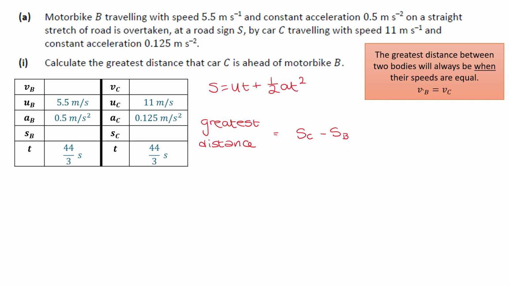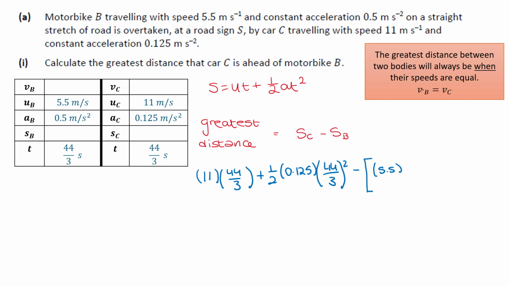So SC, we're going to have 11 times 44 over 3 plus a half a, which is 0.125, times 44 over 3 squared, minus the displacement of B, which is going to be 5.5 by 44 over 3 plus a half times 0.5 times 44 over 3 squared. And we can go to our calculators to work that out.